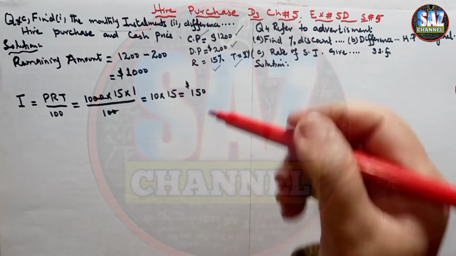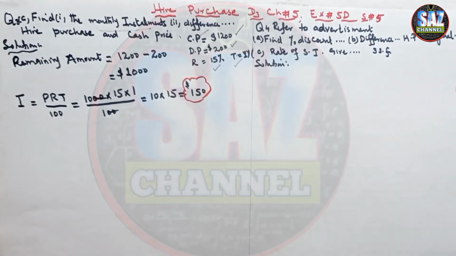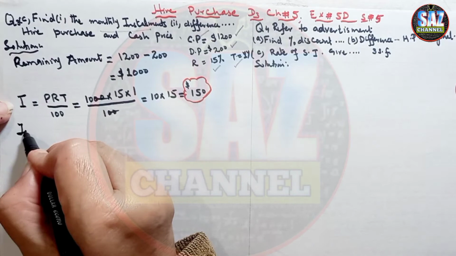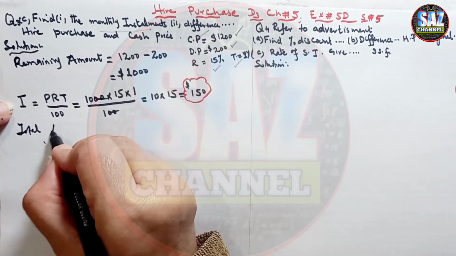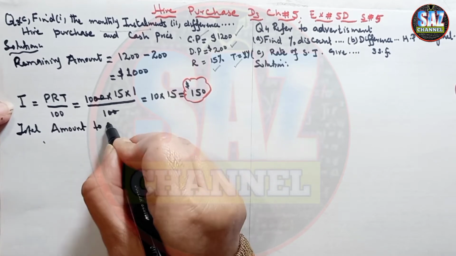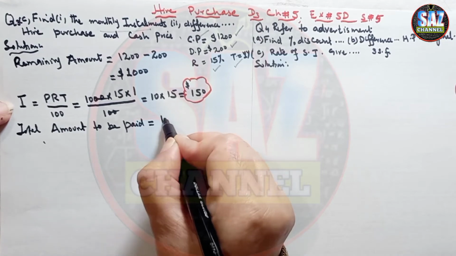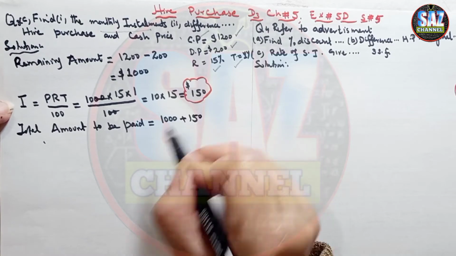So the total amount to be paid will be equal to 1,000, which was remaining, plus 150.